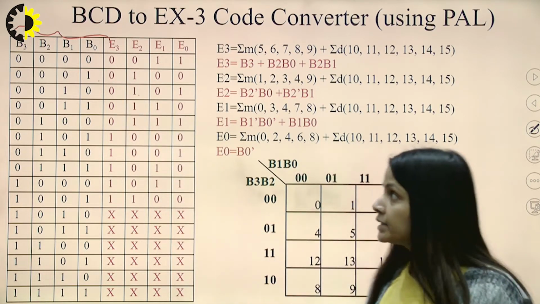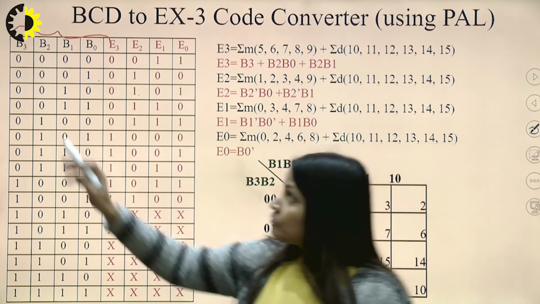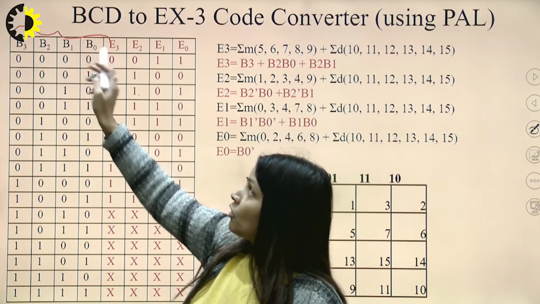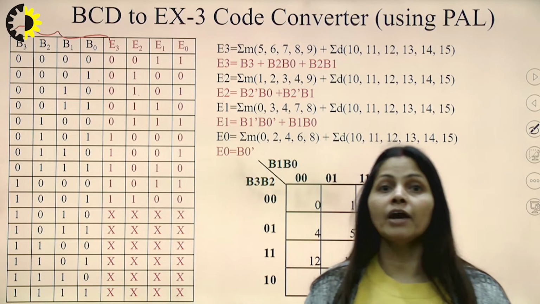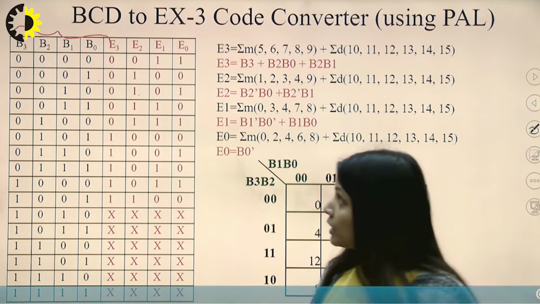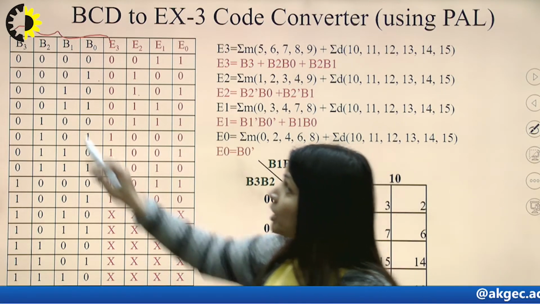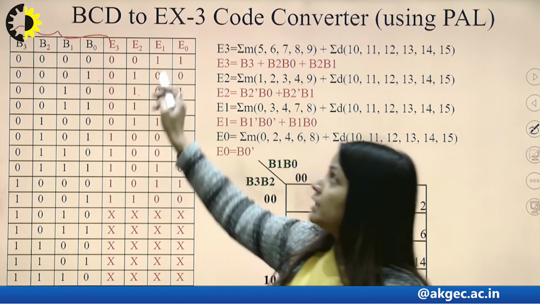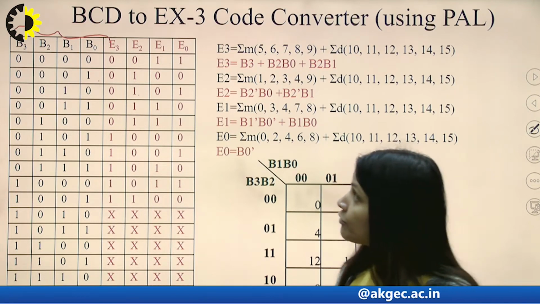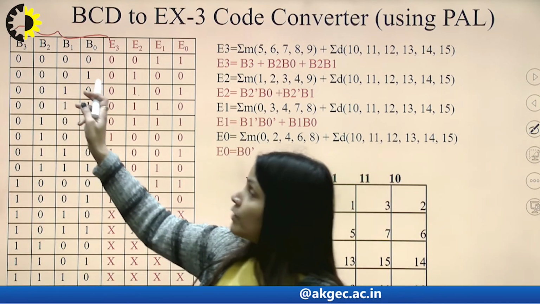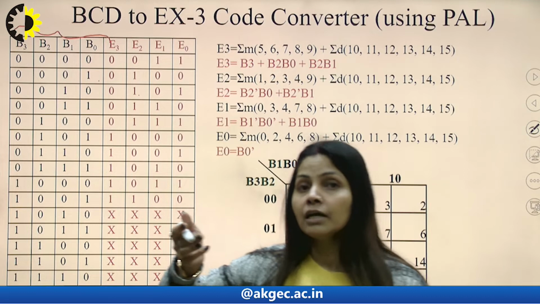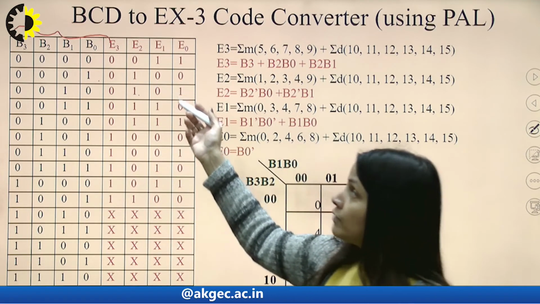The X3 code for B3, B2, B1, B0 is defined for 0 to 9. We add 3 to each, so we get X3 as 0, 0, 1, 1. For 0, 0, 0, 1, we add 3 again, and that comes out to be 0, 1, 0, 0.